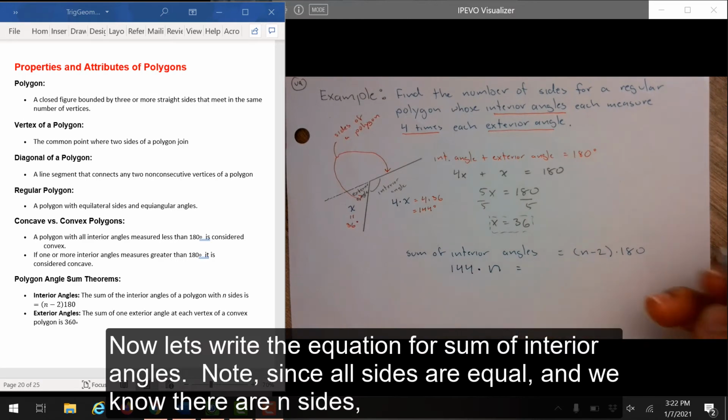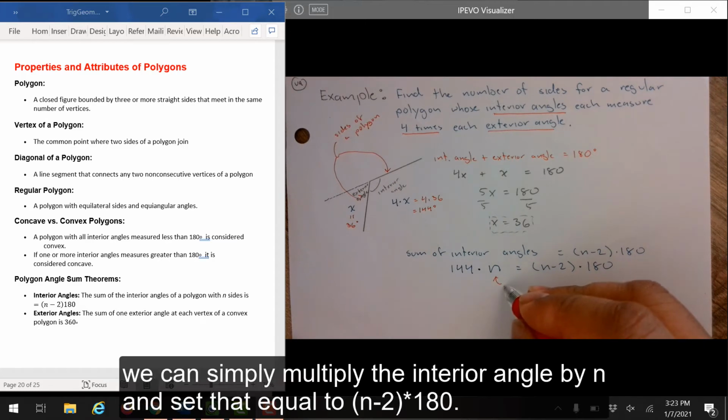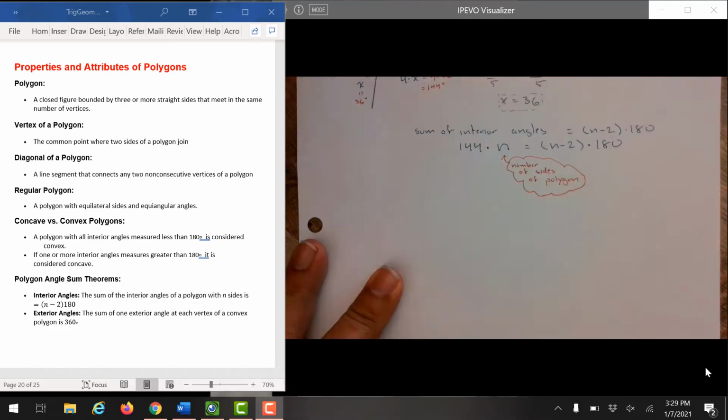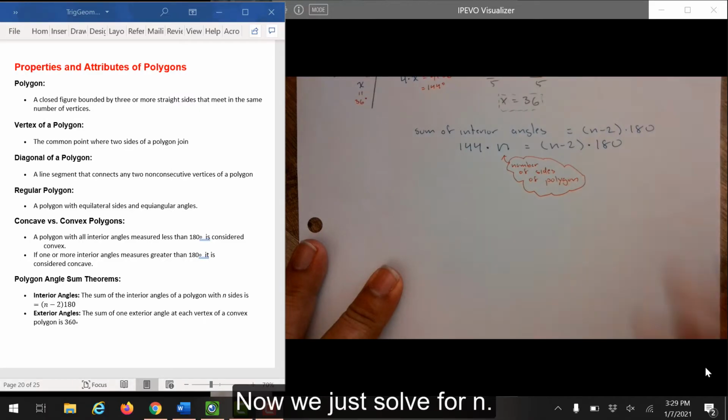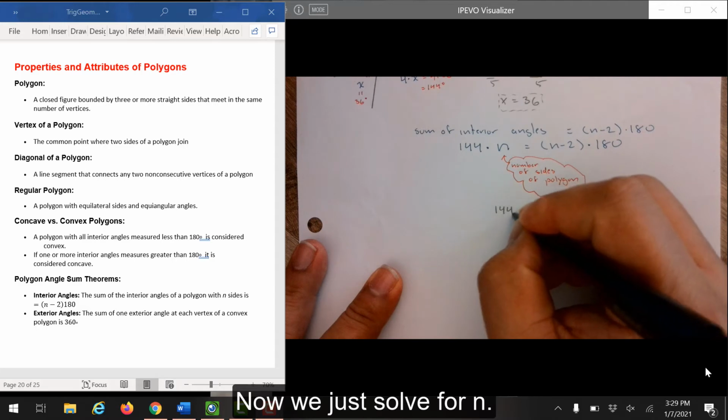Now let's write the equation for sum of interior angles. Note, since all sides are equal, and we know there are n sides, we can simply multiply the interior angle by n and set that equal to n minus 2 times 180. Now we just solve for n.